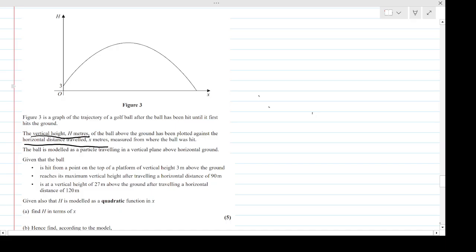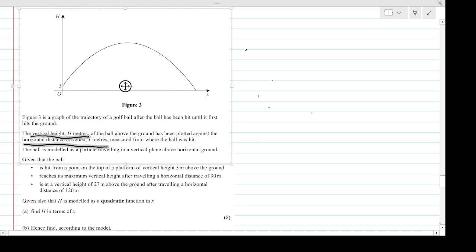Given that the ball, and this is our data, is hit from a point on the top of a platform of vertical height 3 meters above the ground, that's actually going to correspond to this point there, isn't it? So initially, when t is 0, h is 3. It reaches the maximum height, which is going to be this turning point there, after travelling a horizontal distance of 90.